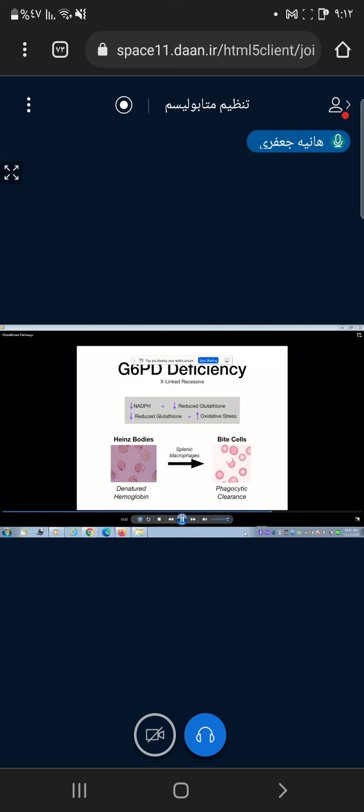So again, big picture, take a step back and pause for a second. Anybody who does not have the enzyme glucose-6-phosphate dehydrogenase has by definition a G6PD deficiency. This is an X-linked recessive disease where you lack the key enzyme in the HMP shunt that usually generates NADPH.